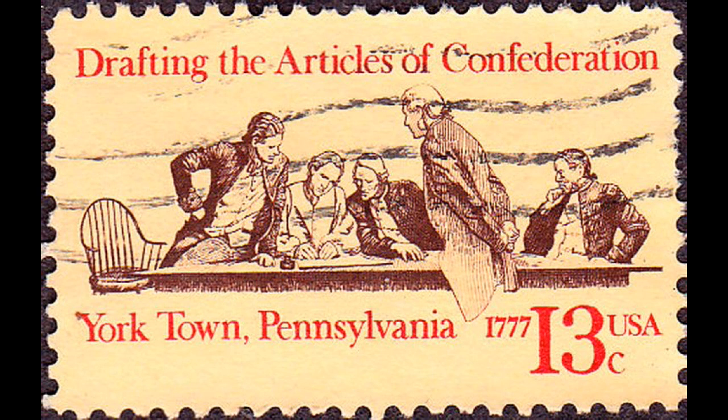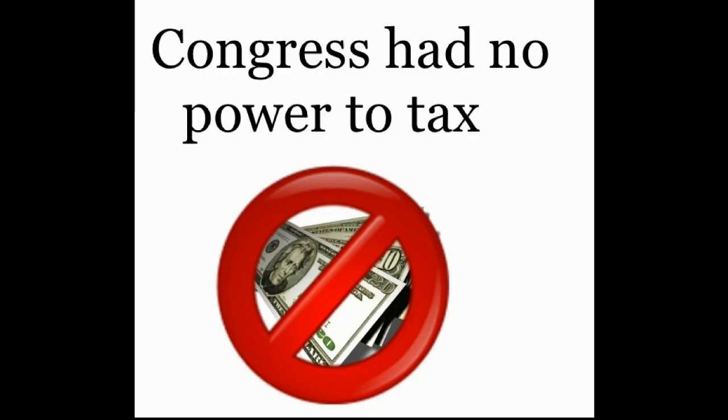If you take a look at the 3 visuals under number 4, the first one on the far left with Uncle Sam tapping the gentleman holding his money represents the weakness that the Articles gave little or no power for the national government to force the states to pay taxes.